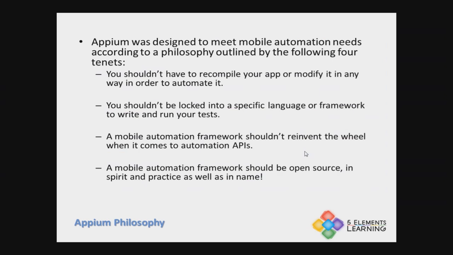You shouldn't be locked into a specific language or framework to write or run your test. A mobile automation framework shouldn't reinvent the wheel when it comes to the automation of APIs. And an automation framework should be open source in spirit, practice, as well as in name. So on these four philosophies, Appium is effectively built and it follows them to the core.